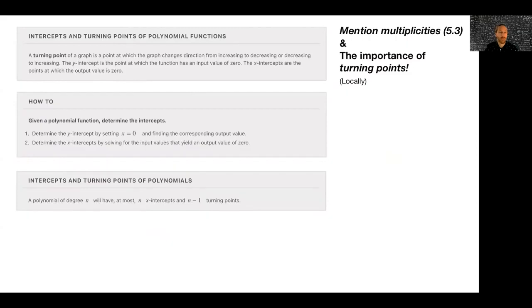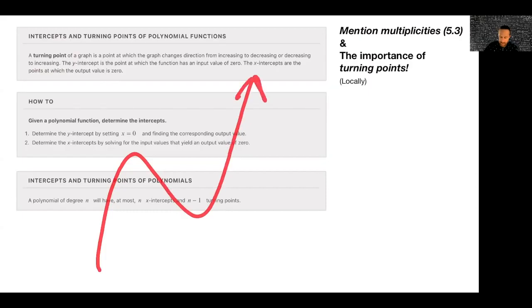Almost done here. Let's talk about what else we can find in these polynomial functions. Well, these polynomial functions are going to be similar to some of those power functions we just reviewed, but they're going to have more of what are called turning points. When we have a cubic function, something like that, you can see how many times I had to turn in order to graph this.